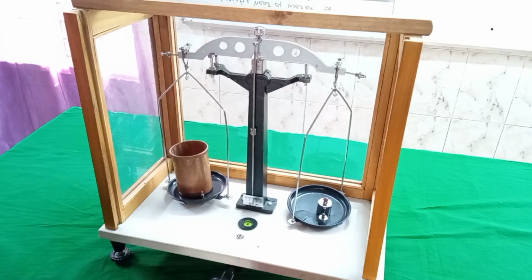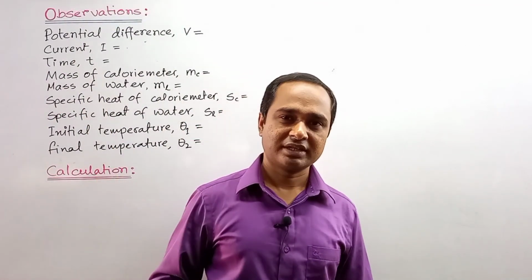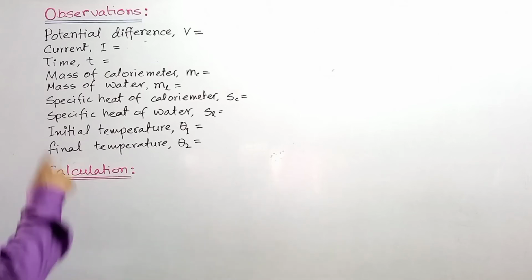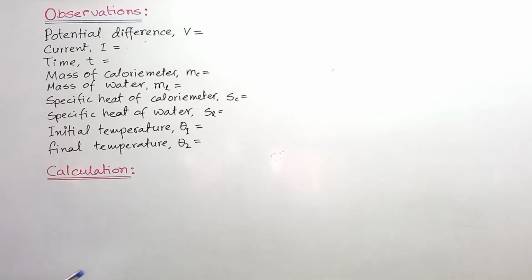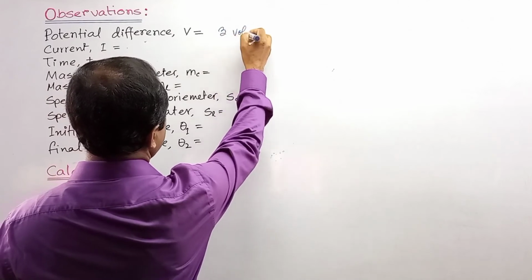And we have already checked the temperature from the thermometer during the observation. So dear student, now we are going to complete the observation table and calculation. First, the value of the potential difference that we observed from our voltmeter, it was 3 volt.